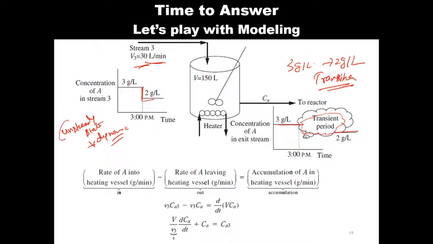तो समझते हैं. Now we are going to write the dynamic equation. अब कैसे डायनेमिक इक्वेशन लिखा जाएगा भाई? तो rate of A into the heating vessel, in minus out. मान लो कुछ देर के लिए कि कोई एक सिस्टम है, एक टैंक है, इन हो रहा है साहब, कुछ फ्लो रेट Q0 आ रहा है, और यहां से जा रहा है, और यहां पर लेवल H, ये हमारा लेंथ H. तो in minus out, देखिएगा ध्यान समझिएगा. अगर हम मास में भी कहें तो कुछ इन होगा, कुछ आउट हो रहा है, और कुछ यहाँ पे एक्यूमुलेट हो रहा है, कुछ यहाँ पर होल्ड अप हो रहा है.